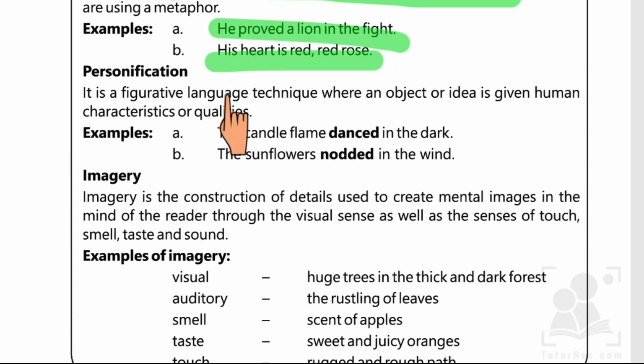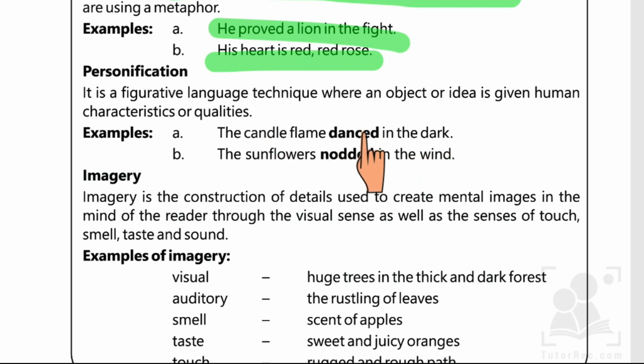Personification. It is a figurative language technique where an object or idea is given human characteristics or qualities. When the idea being compared or highlighted is not human, but human qualities are being given to the object, such as the candle flame danced in the dark.